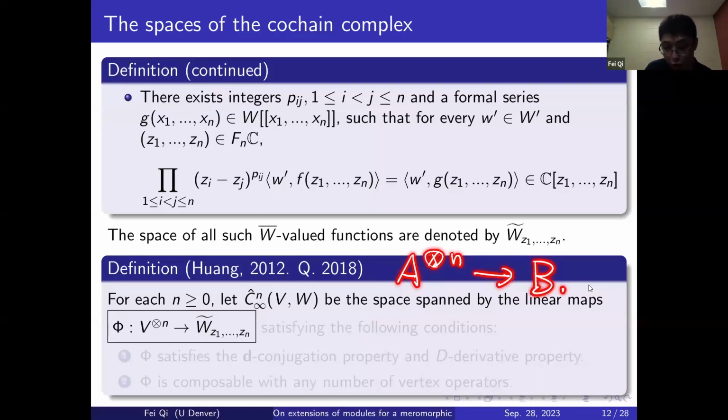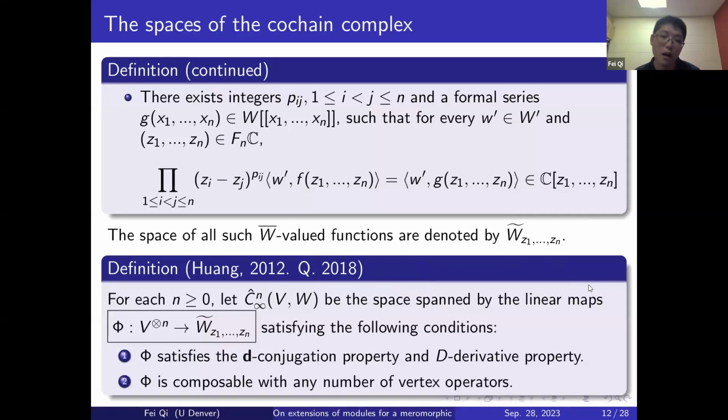This is how we place these variables into the theory, using these W-bar valued rational functions. But of course we are not going to be using all such linear maps. We are going to use special classes of linear maps.